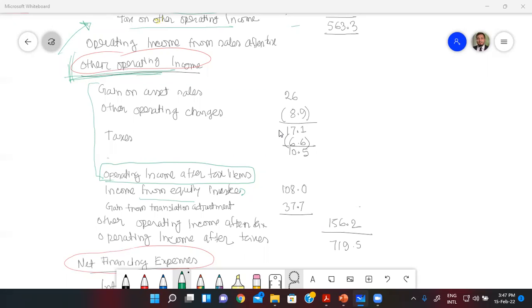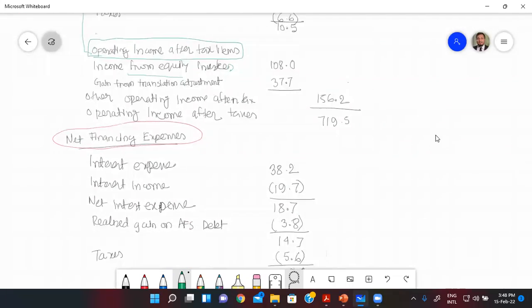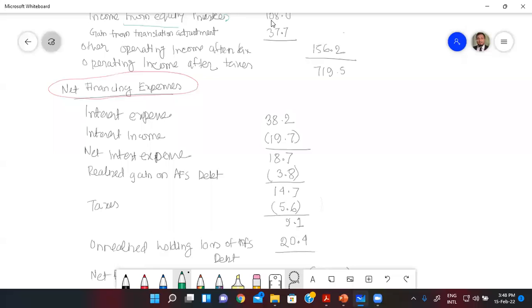The realized gain on available for sale investment, that is also investment in debt. In that case, will this realized gain on available for sale investment come in the other operating income part, or will it go to the net financing part? That will go to the net financing part.